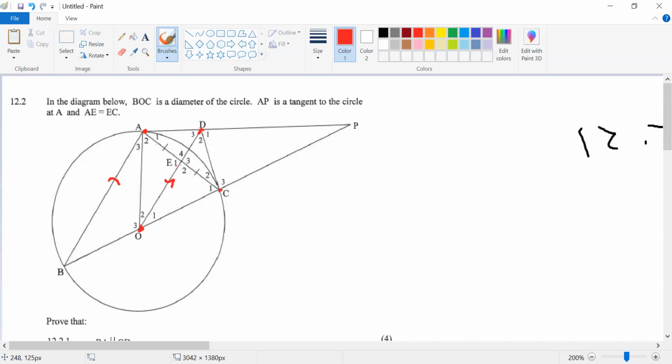A line bisect. Mm-hmm. The main ones, angles in the same segment, because then if you can prove angles in the same segment, then that means all the points are actually on the circumference of a circle, correct? Yes. So if we can prove that to be true, then we are good to go.